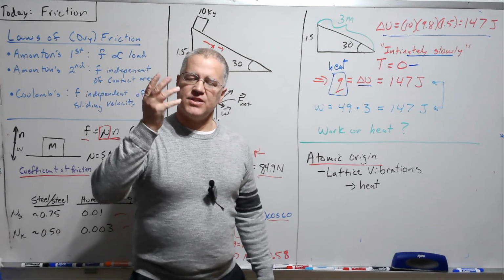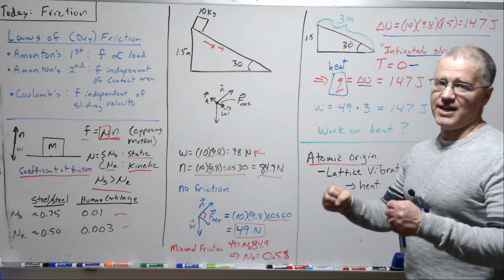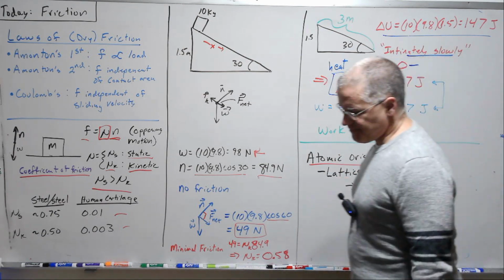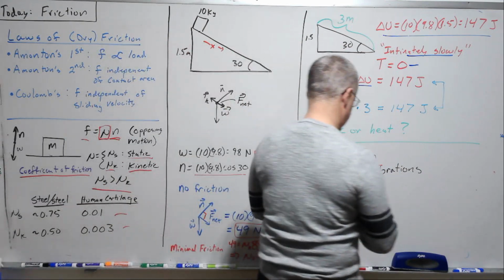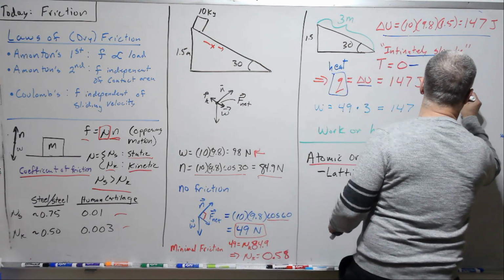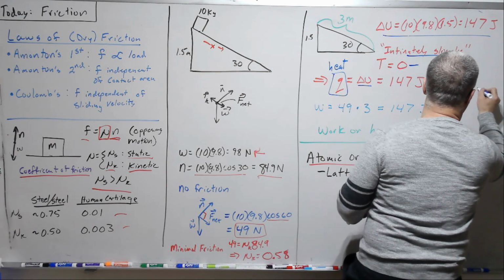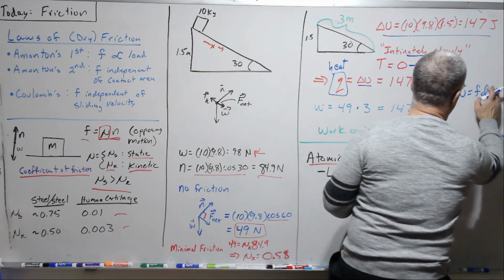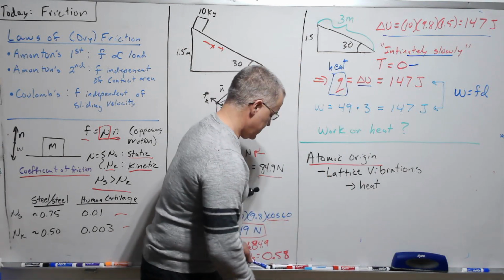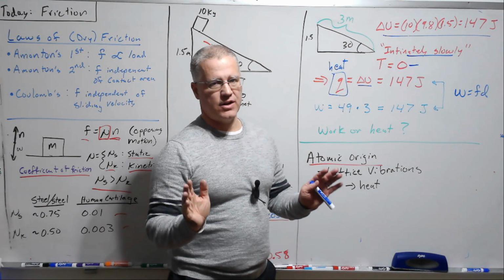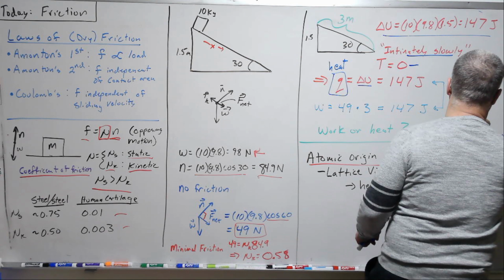Now let's flip this and look at a different perspective and ask how much work the friction was doing as a force. We know that work is force times distance. So work is force times the distance, or the displacement. That's for a constant force.